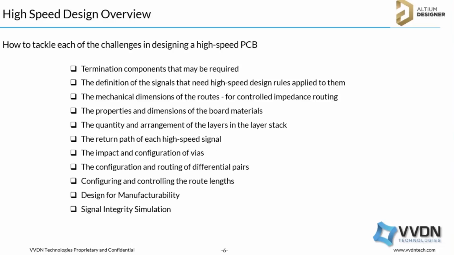So next, how to tackle each of the challenges in designing a high-speed PCB? Generally, to avoid the reflection, you should have termination components. You have to place the termination components, and you should have options to define the high-speed signals and rules for that, and how I am going to route the high-speed signals with a controlled impedance.